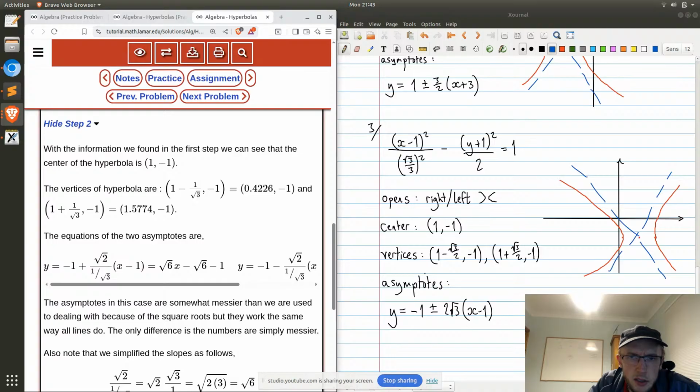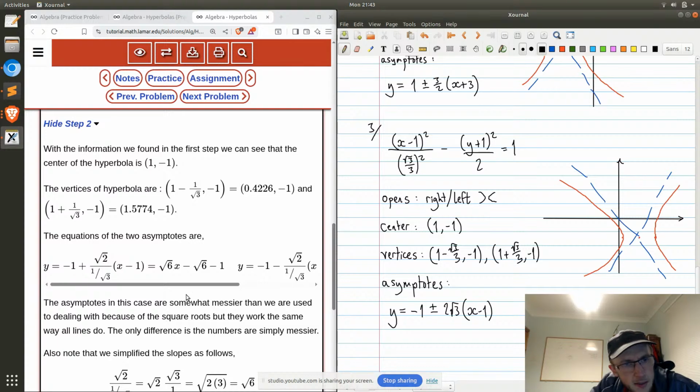Why did I divide that by 2? Huh? I guess I copied that down wrong. Darn it. And that fixes it.